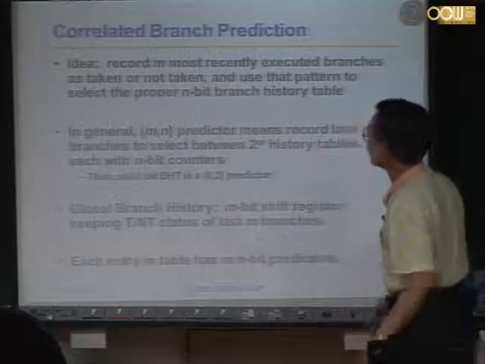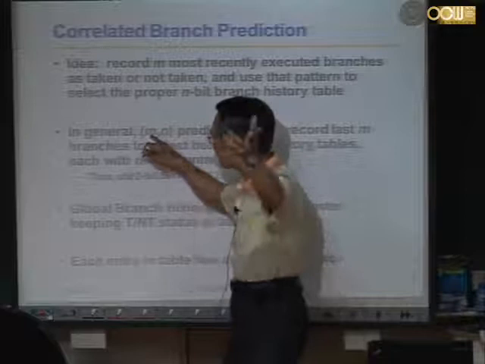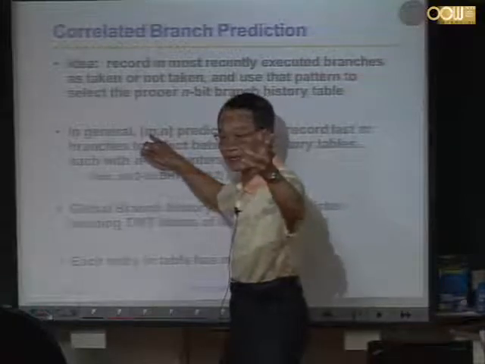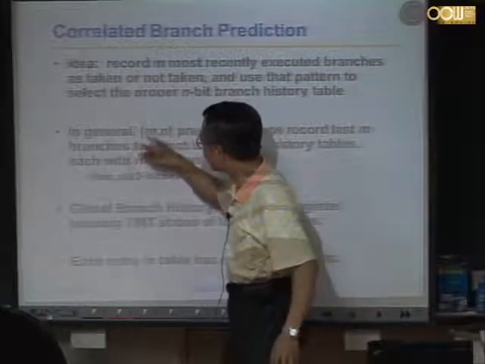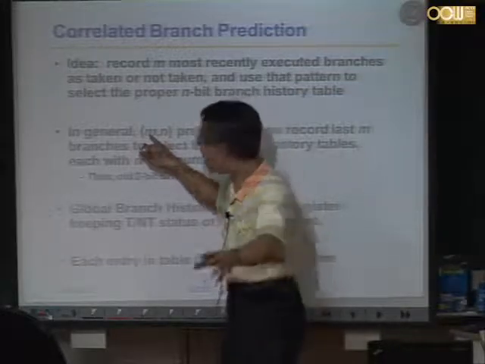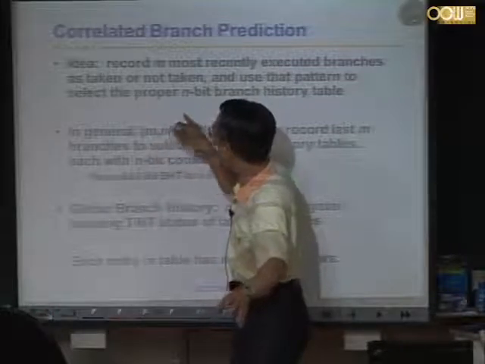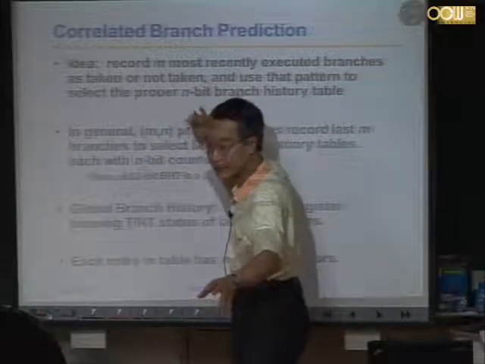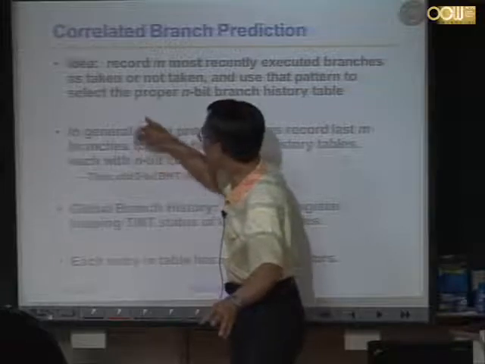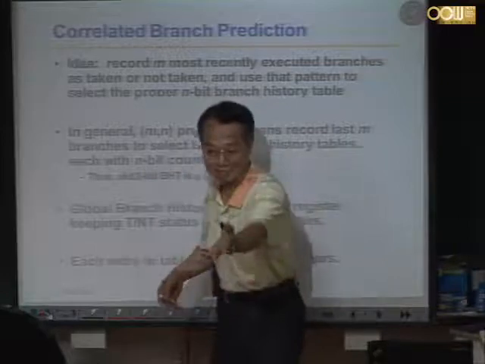Okay, so simple. If I look at 2 branches back, then I need 2 to the second predictors. And how many entries in every predictor? N entries. So this N is like 4096, and this M is like, look at 2 branches back, 3 branches back.